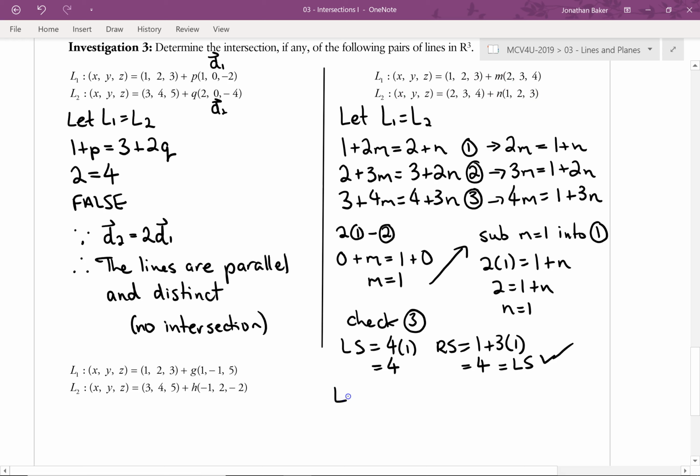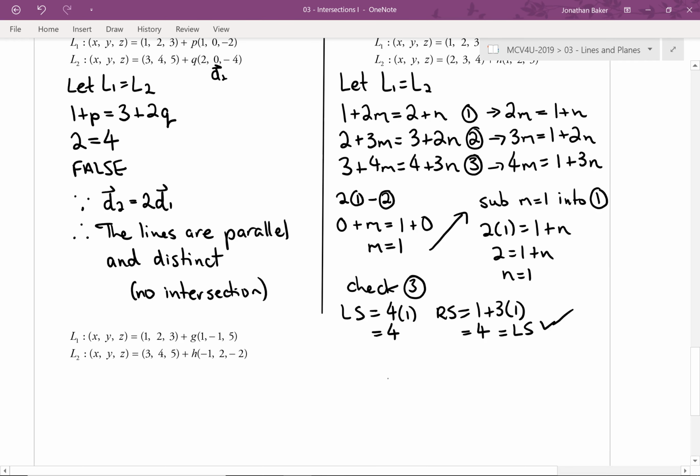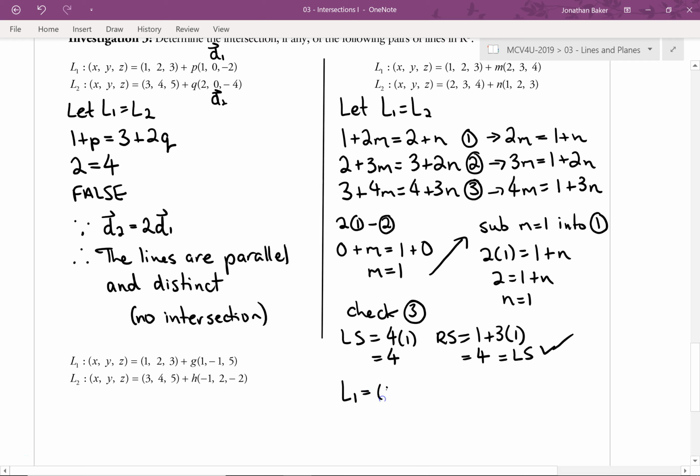So L1 is going to be equal to, well, it's going to be (1, 2, 3) plus 1 times (2, 3, 4). And it should be obvious at this point that (2, 3, 4) plus 1 times (1, 2, 3), in either of these cases, we're just adding the same coordinates, right?